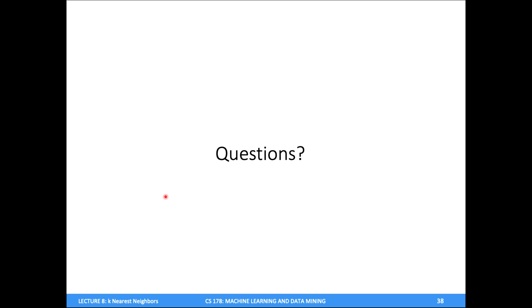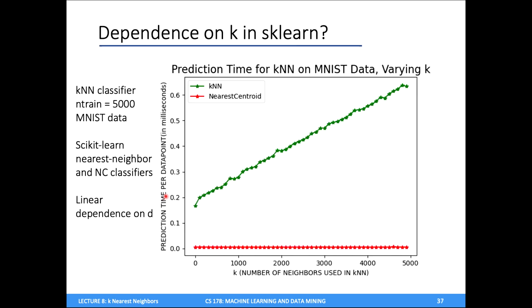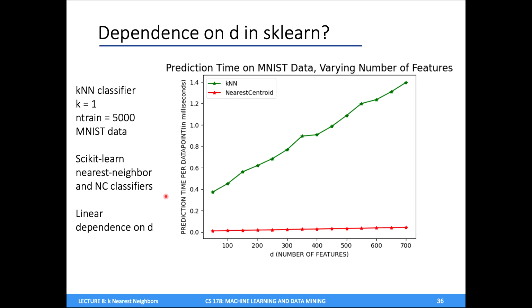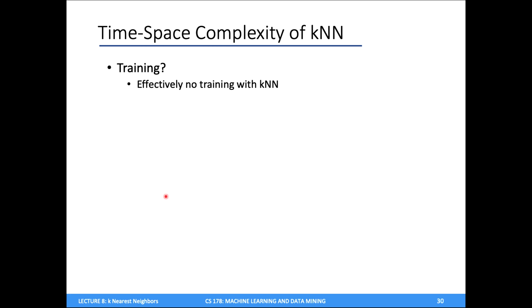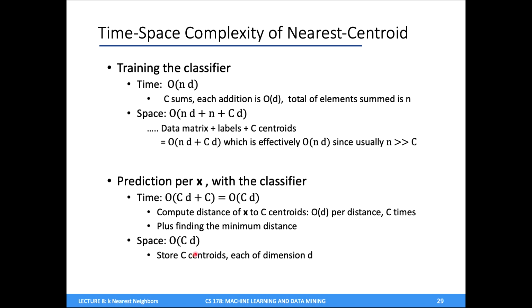Okay, any questions on our time-space complexities? For which variable do you mean? So for nearest centroids, the prediction time is C times d.